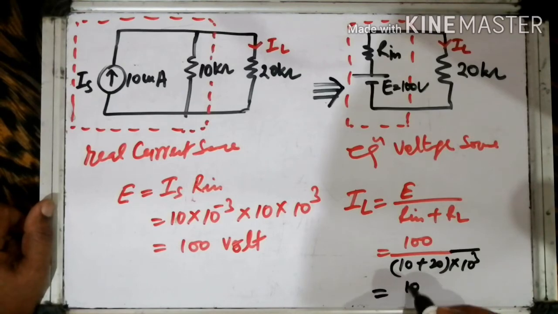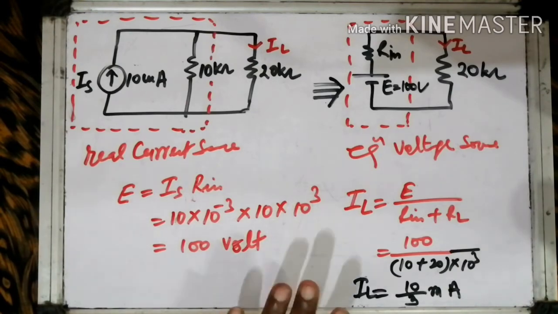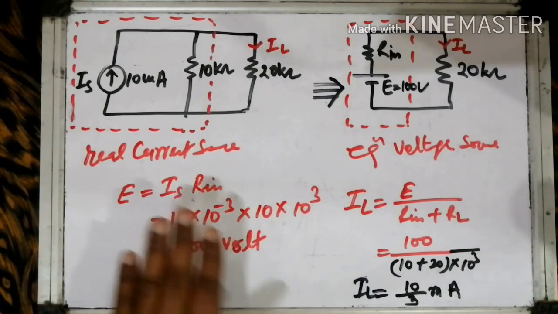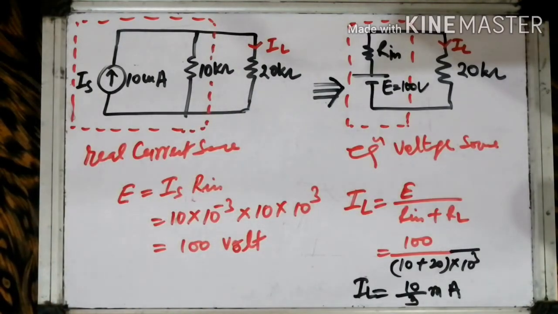So it is 10 upon 3 milliampere. Current through the 20 kilo ohm resistor is 10 upon 3 milliampere. So this is the question related to the conversion of current source into the voltage source.